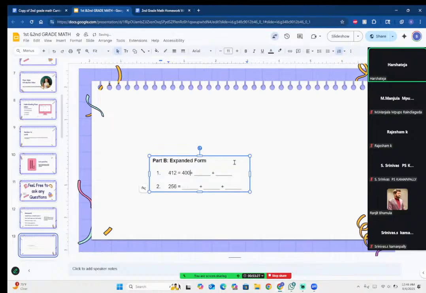So we do 400 here. In the tens place, there's a 1. So we put a 10 here. And in the ones place, there's a 2. So we put a 2 here.